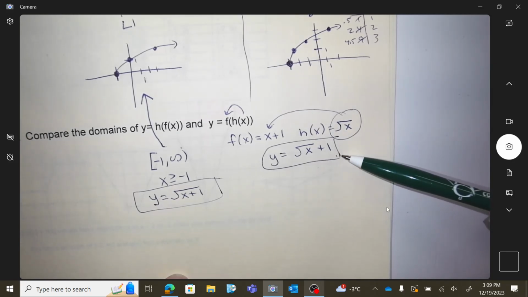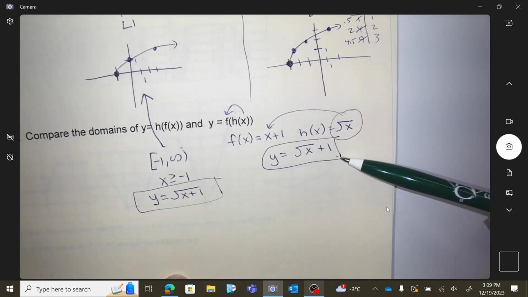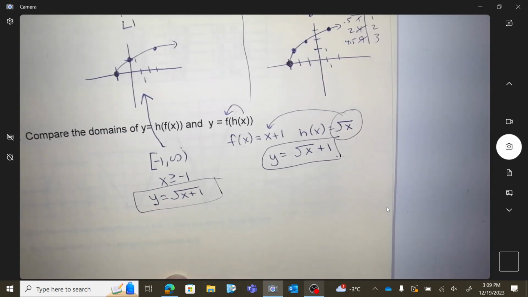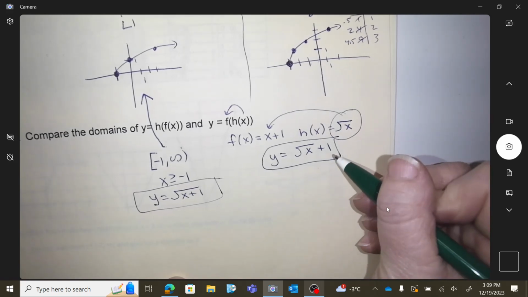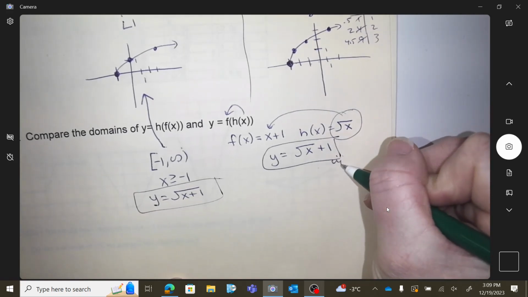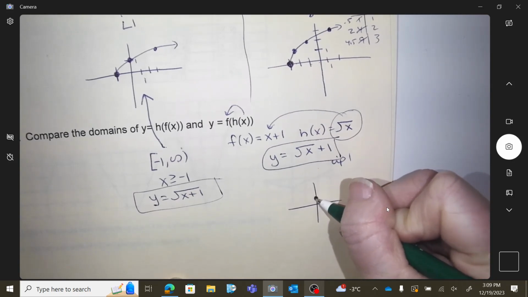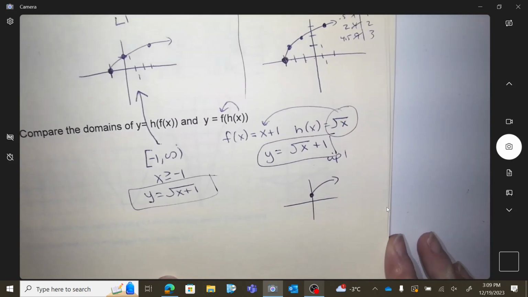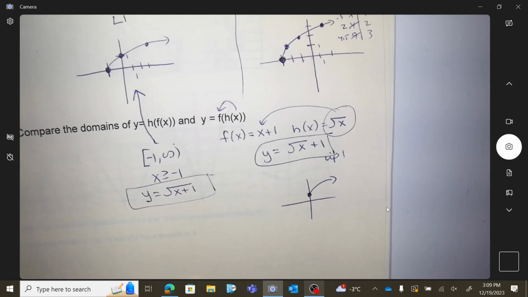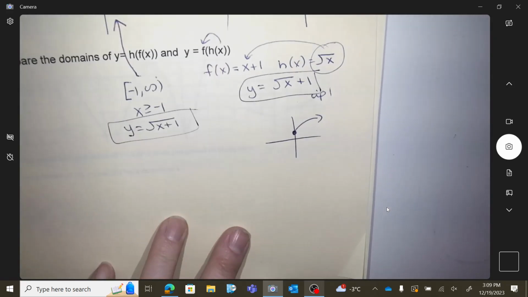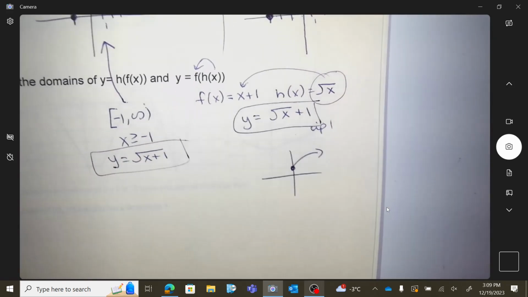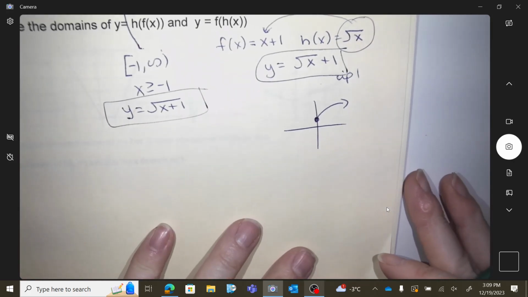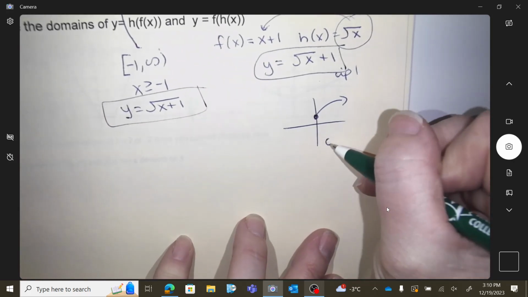This is a radical. What happened to this radical transformation-wise? Up 1. This is an outside. So this is up 1. So guess what your radical will kind of look like? Just a general idea of what it looks like. So what is the domain? That's what the question said. Domain? 0.